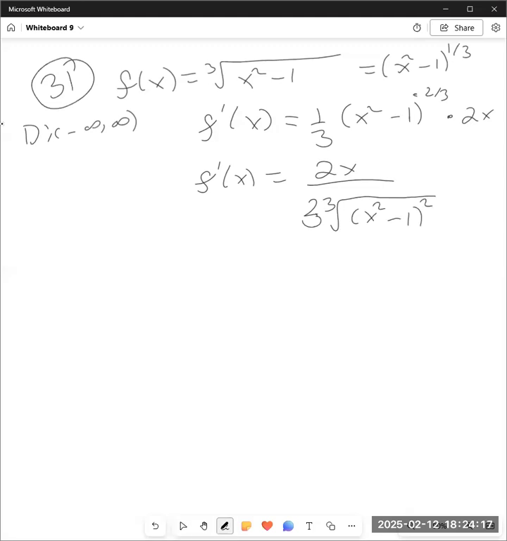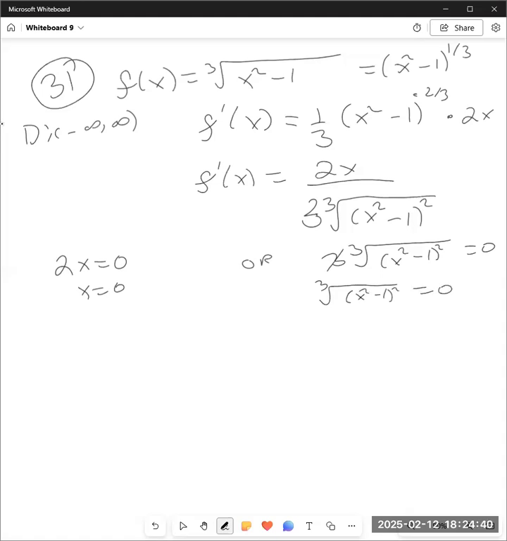So let's go ahead and look for zeros of the numerator and denominator. 2x equals 0, or 3 times the cube root of (x squared minus 1) squared is equal to 0. X is equal to 0, or we can divide by 3 there, and the cube root of (x squared minus 1) squared is equal to 0.